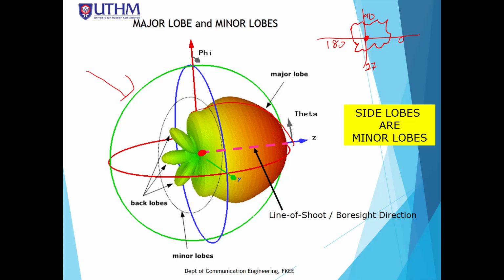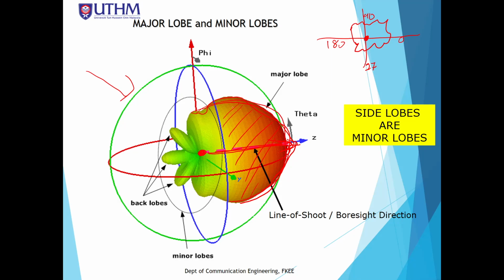So sebahagian besar daripada power ataupun energy dipancarkan pada arah ke sebelah kanan. In this case, let's say this is towards a 0-degree angle over here, towards the x-axis like this. So ini kita lihat sebahagian besar daripada electromagnetic energy dipancarkan pada arah z-axis in this example.